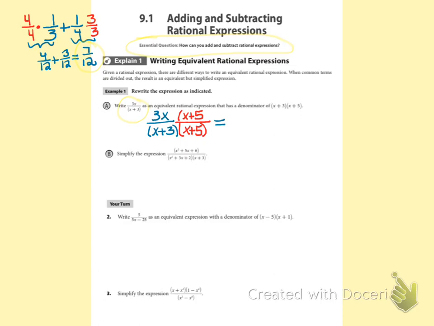So I'd multiply the top and the bottom by x plus 5, and that would turn the top into 3x squared plus 15x. I could multiply the bottom out using FOIL, although most of the time with these operations we won't. Instead I'm just going to leave it in factored form, x plus 3 times x plus 5. And so we've written it with this new denominator.